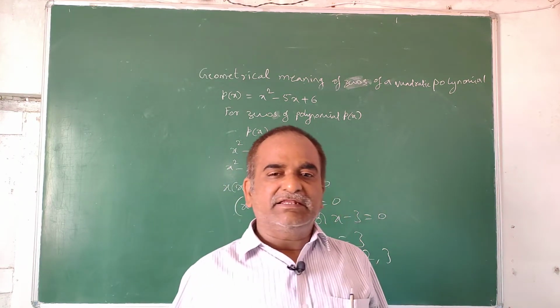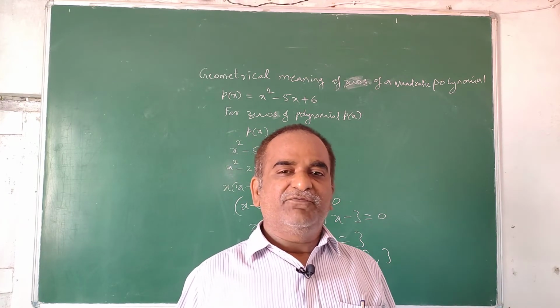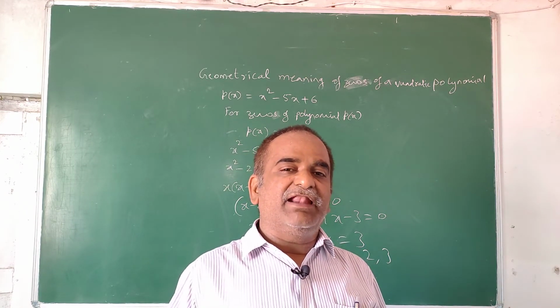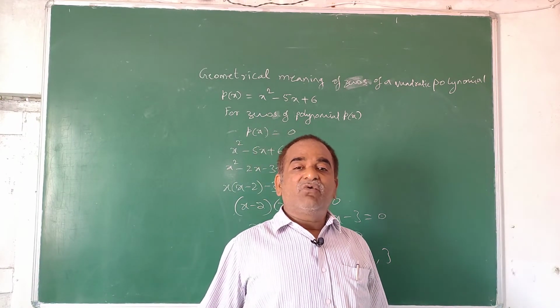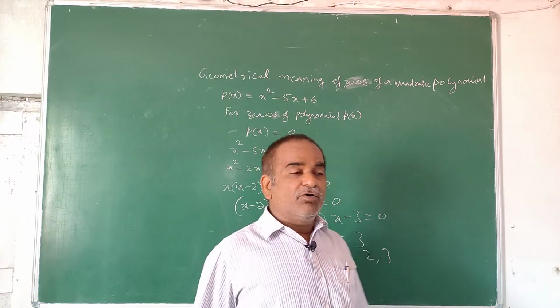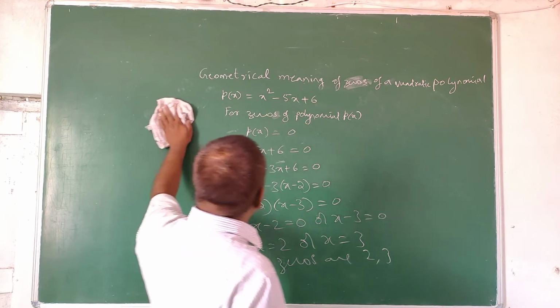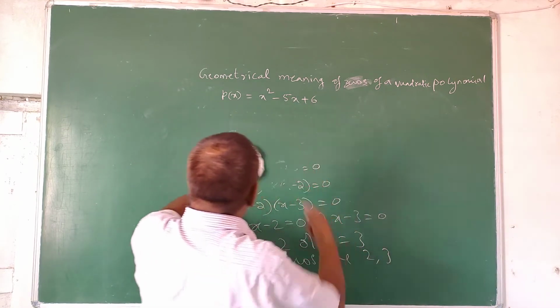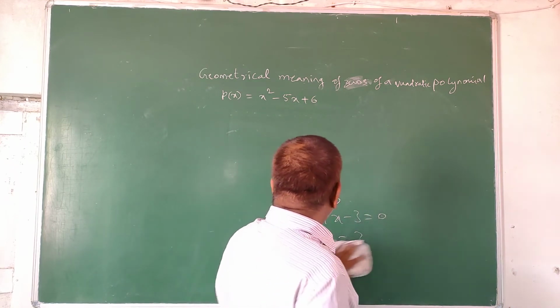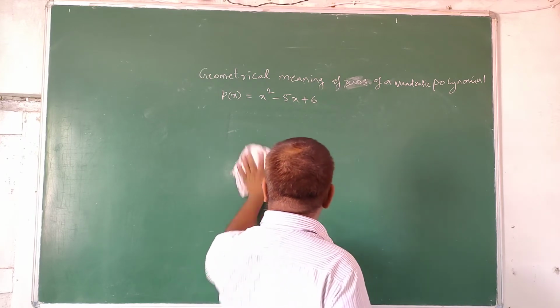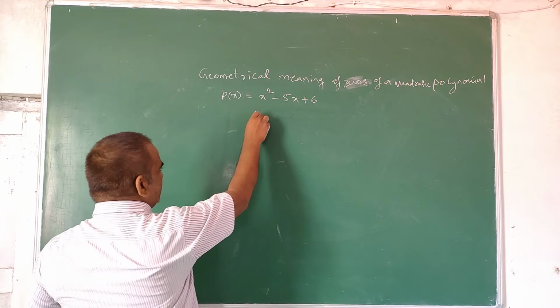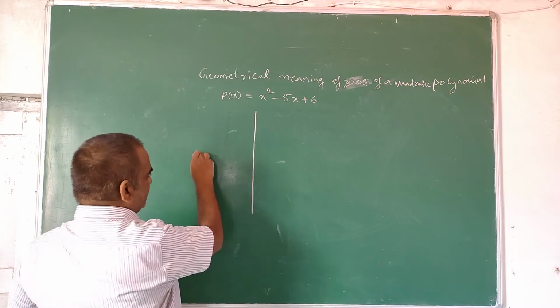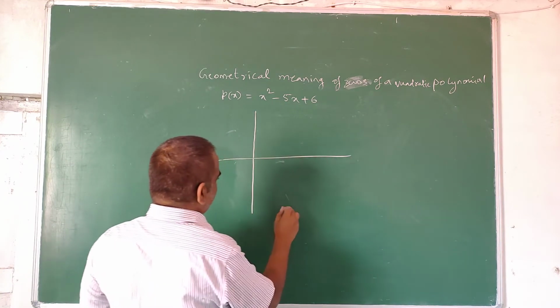Now I am interested in finding the geometrical meaning of the zeros of a quadratic polynomial. So for that, you have to draw the graph of this quadratic polynomial. So I am not drawing the exact graph, only a rough diagram I am taking. So only a rough diagram.